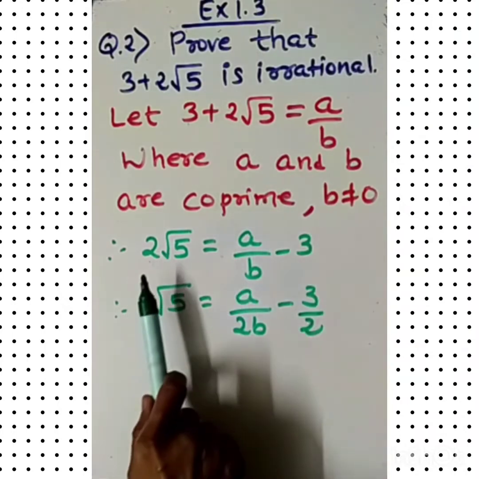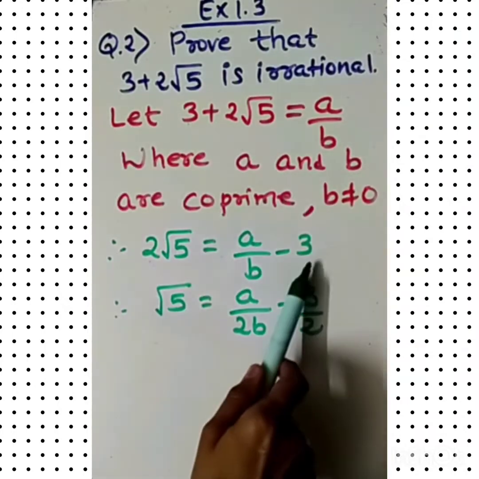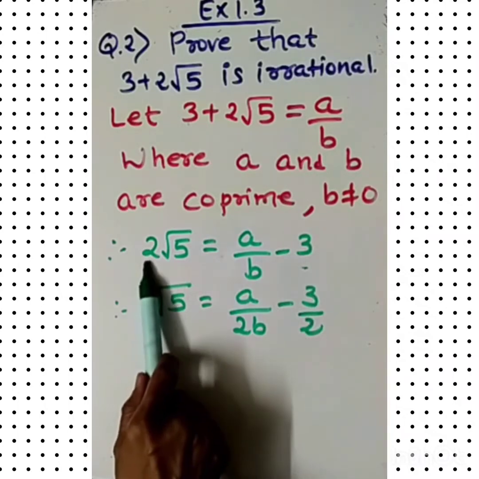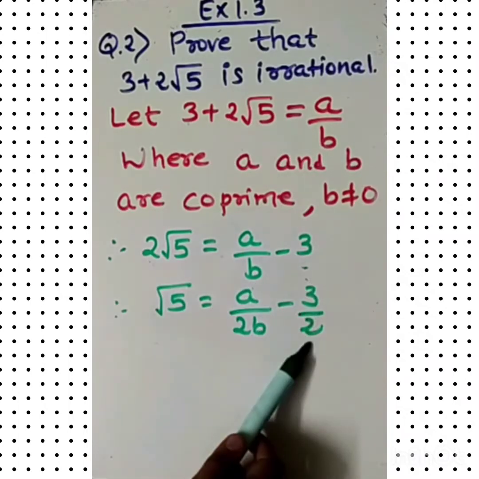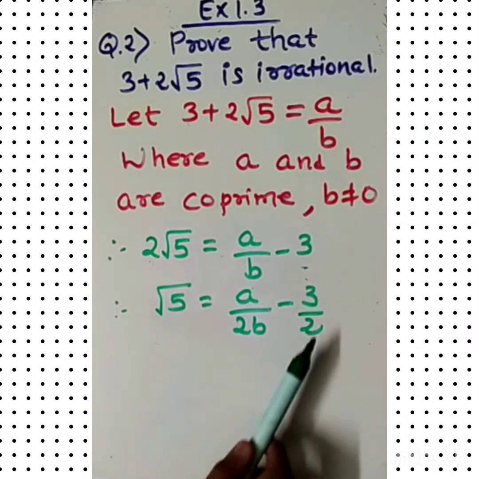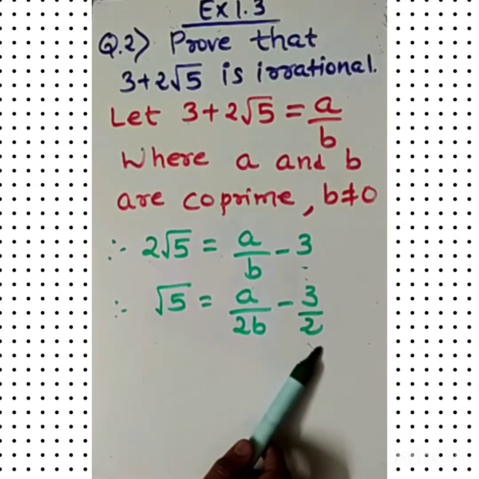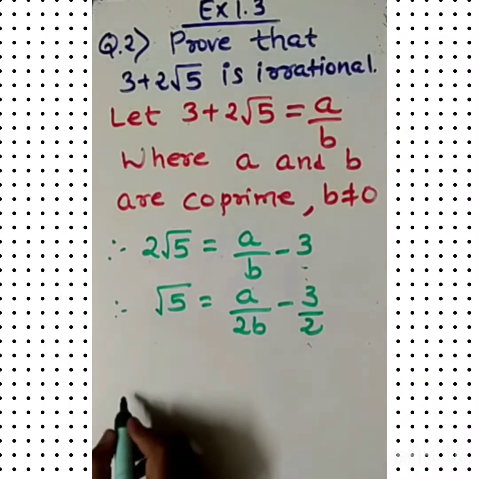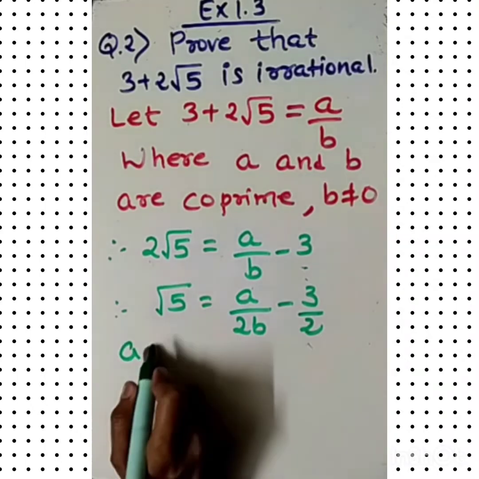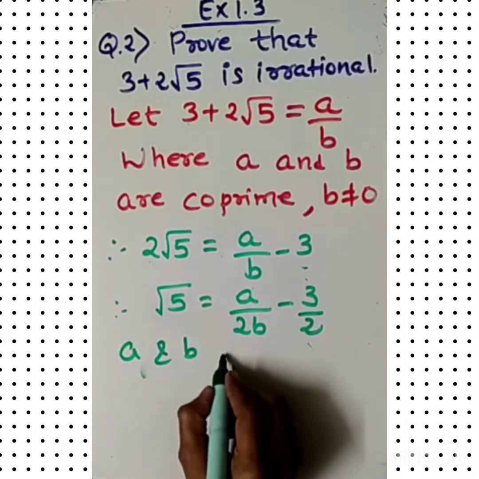Now very easy. This 3 I am bringing to this side, which gives minus 3. And this 2 will come in the denominator all the way. So here this 2 will be 2b. Here a and b are integers.